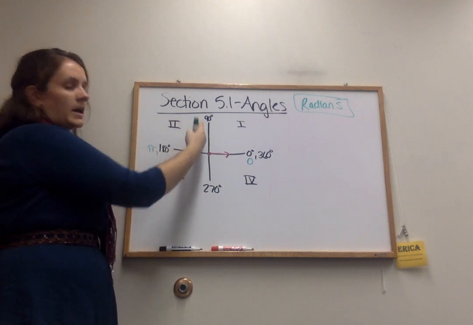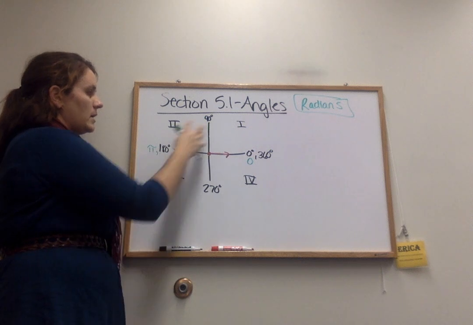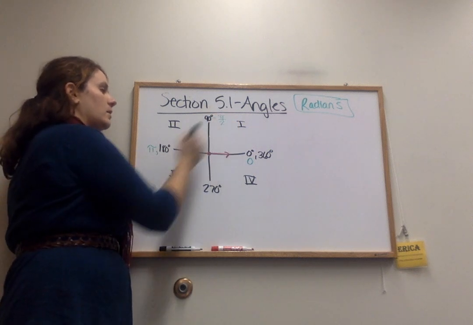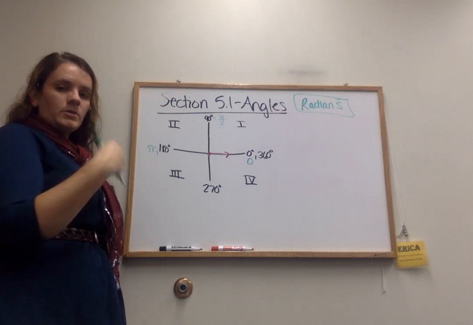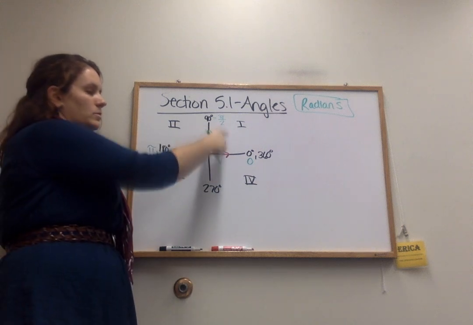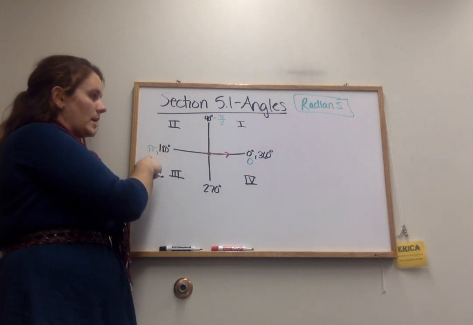Since 90 degrees is halfway between 0 and pi, 90 degrees is the same thing as half of pi, or pi divided by 2. So each quadrant, when we're talking about radians, represents a length of pi over 2. So we've got pi over 2, then another pi over 2, which brings us to pi.